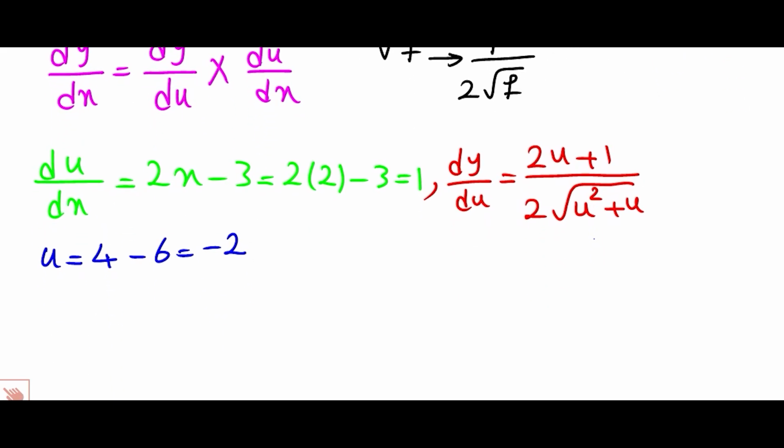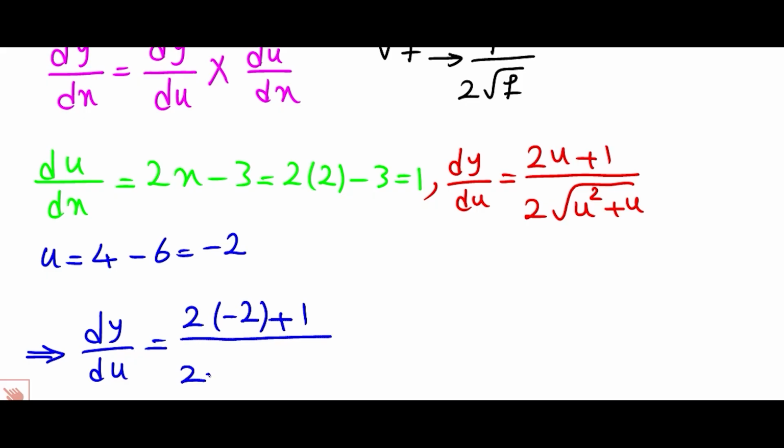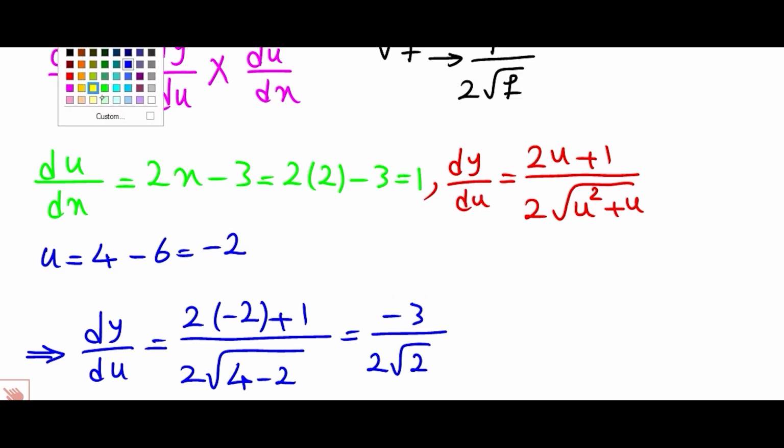So we have dy/du is equal to 2 times negative 2 plus 1 over 2 times the square root of negative 2 squared, which is 4, plus u, meaning minus 2. So we have minus 3 over 2 times the square root of 2. So the value of dy/du is equal to negative 3 over 2 square root of 2.